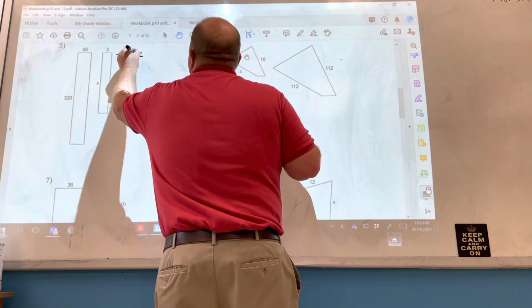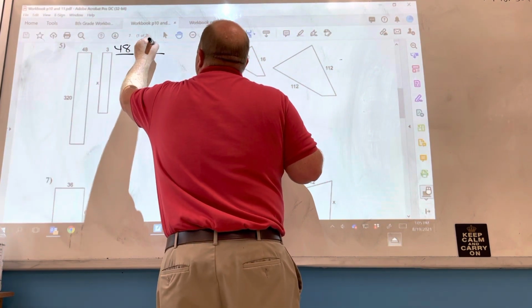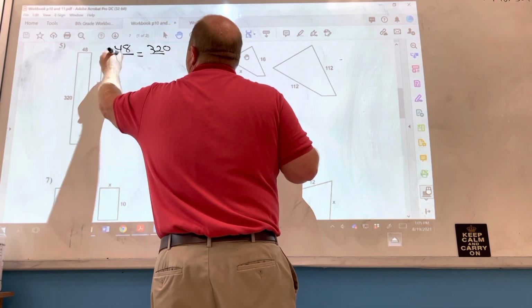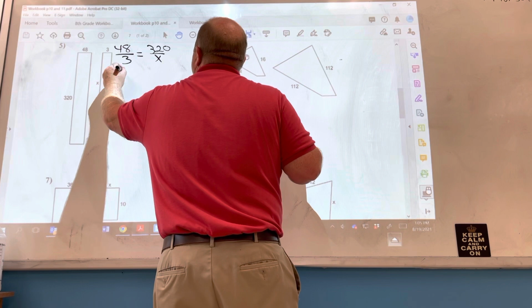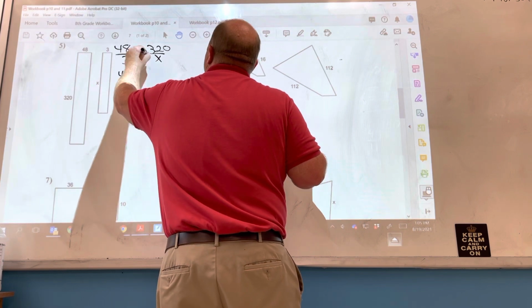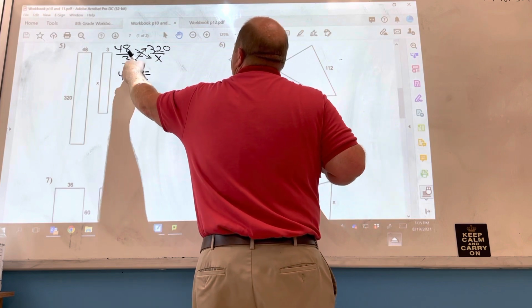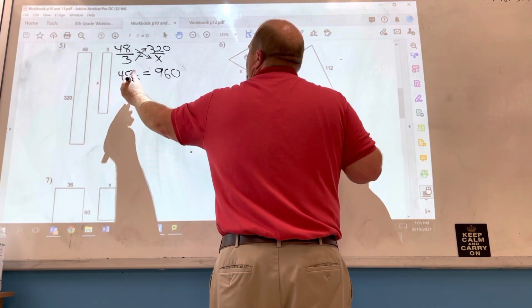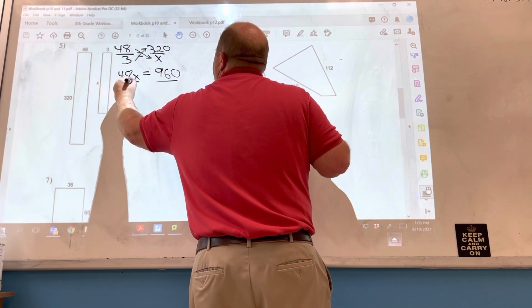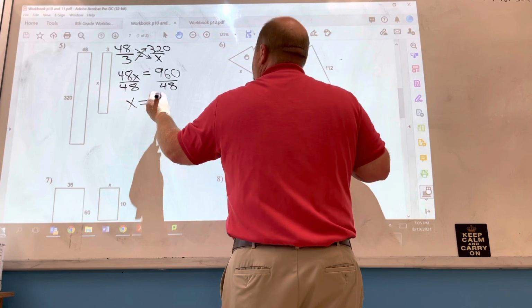So setting up my proportion, I'm going to get 48 and 320 across the top. That's from the same shape. That pairs up with 3 and x. 48 times x is 48x. That was right here. I'm going to cross multiply in the other direction. So 3 times 320 is 960. One step equation, divide both sides by 48. X is equal to 20.